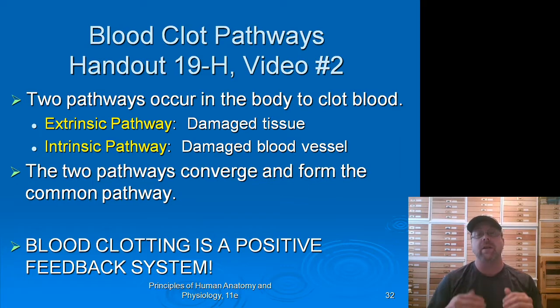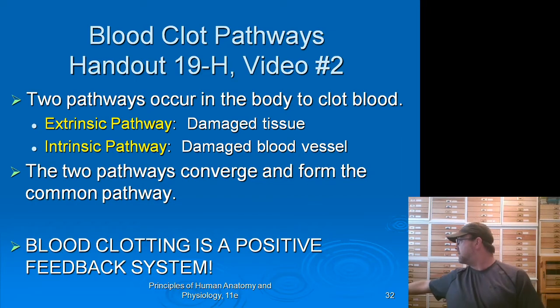Blood clotting is going to continue to build on itself in a positive feedback until we've stopped the blood loss, and then it turns off. All right? So it's a good example of a positive feedback.